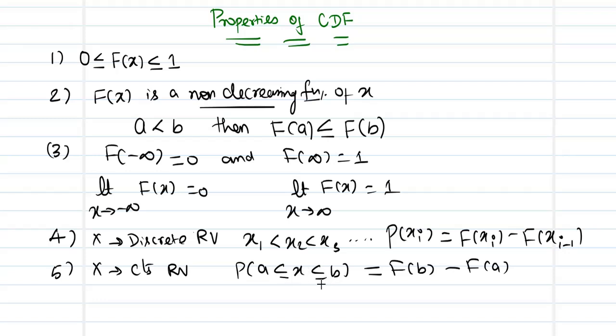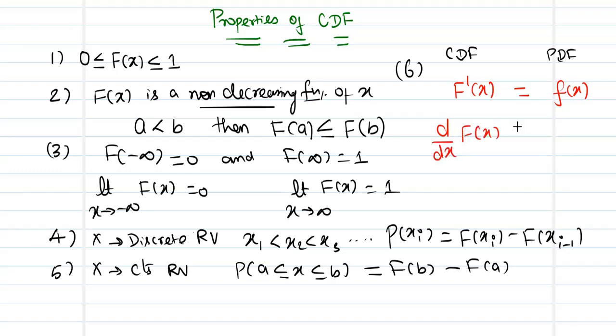And now comes the sixth and most important of the properties, namely how to associate a CDF with a PDF, that is, a cumulative distribution function with a probability density function. The relationship is given as F dash of x is equal to small f of x. That is, the differentiation of the cumulant gives you the probability density function.